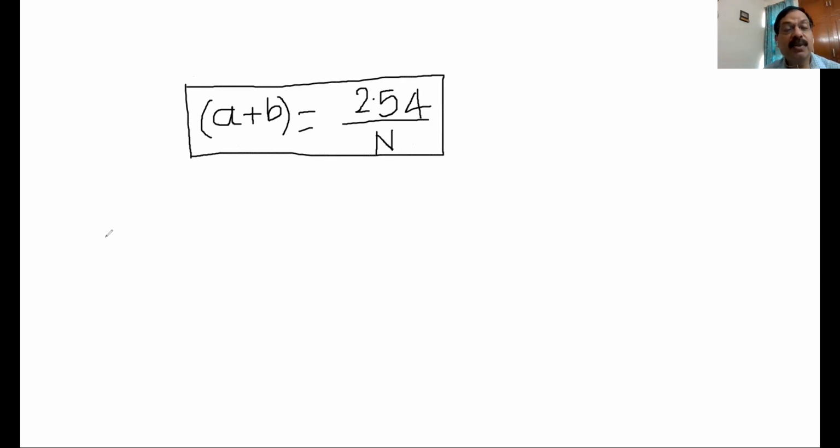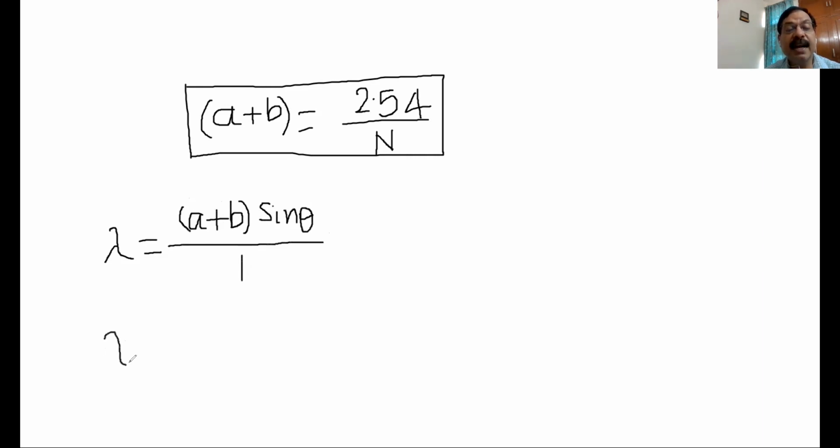Now, if you want to calculate the wavelength of prominent lines of mercury source, for the first order we will use this relation: lambda is equal to (A plus B) into sine theta divided by 1.